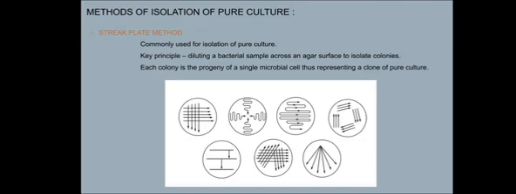And next is the streak plate technique. In this, a specific colony that is selected is streaked on the agar plates, and different streaking methods are followed to isolate a single colony of a specific microorganism.